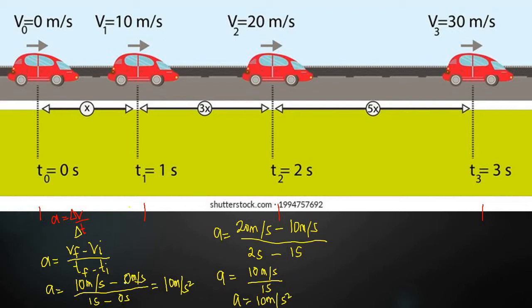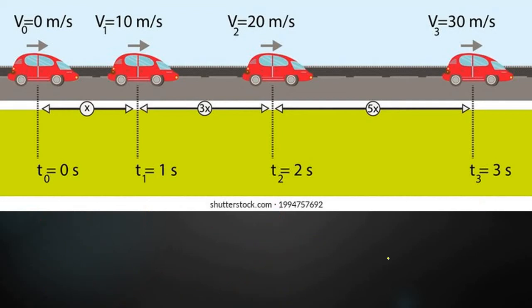So the same acceleration. From 0 to 1, 10 meters per second squared. From 1 to 2, 10 meters per second squared. Nakita natin na uniform yung kanyang acceleration. Constant acceleration. So that is uniformly accelerated motion.